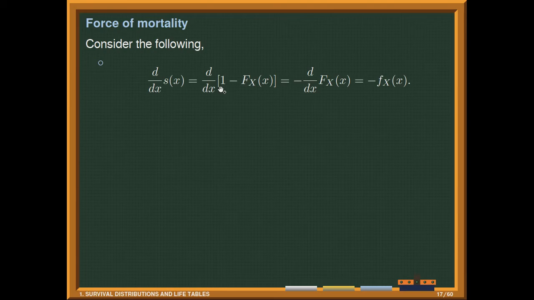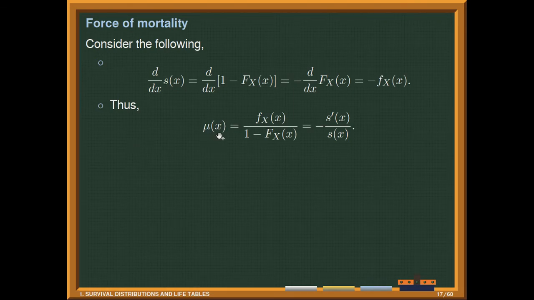But clearly, this would give us the negative of the derivative of the CDF of x evaluated at small x. And since x is a continuous random variable, this expression is equal to the negative of the PDF of x, evaluated at small x. So the derivative of the survival function of x is equal to the negative of the PDF of x. I think that's straightforward.